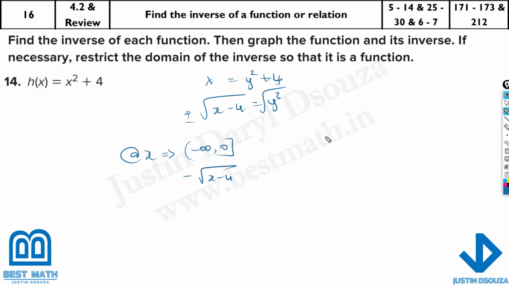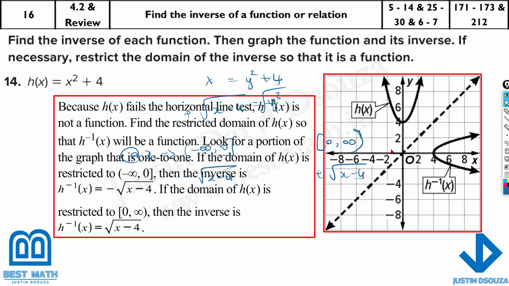And when we have 0 to infinity, this is a small bracket. Whenever we have numbers, we put the big brackets, and infinity cannot be considered because it's an undefined number, so we do the open bracket here, and it'll be positive square root of x minus 4. So this is what we need to write. That's it. Here we go. That's the solution. You can read it out over there.